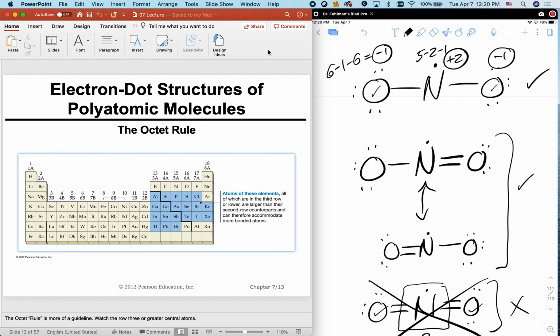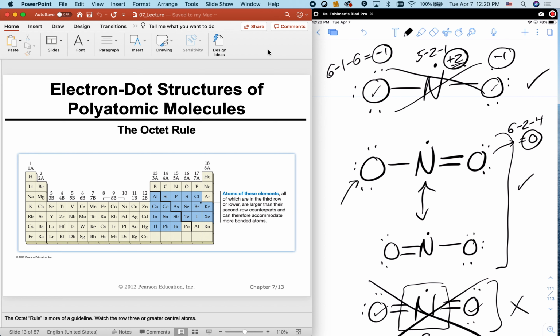So probably not the best. And if you look at these in comparison, the double bonded oxygen is going to have 6 minus 2 and then another 4, so that'll be a 0 charge.